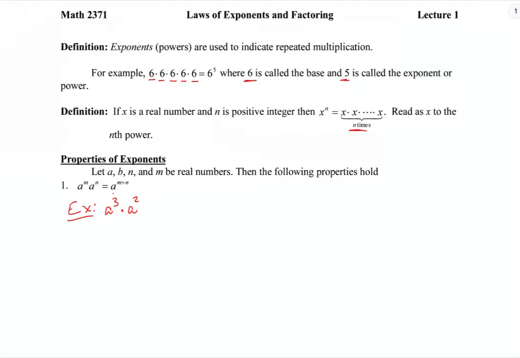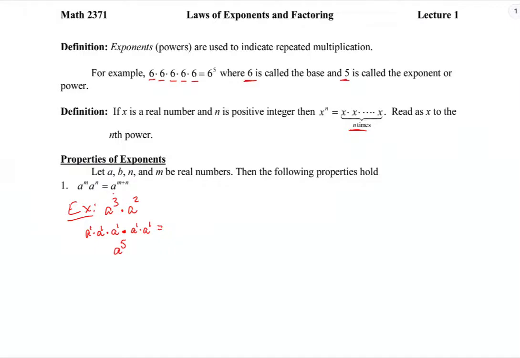So if I write this out, that's a times a times a, so that's a cubed, times a times a, and that's a squared. So how many a's do I have? I have 1, 2, 3, 4, 5. So that's a to the 5th because I had 5 of them.